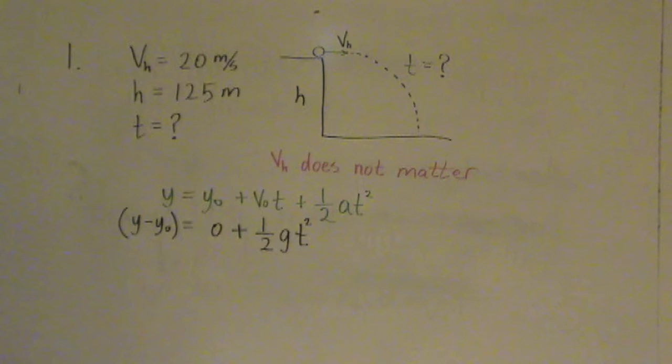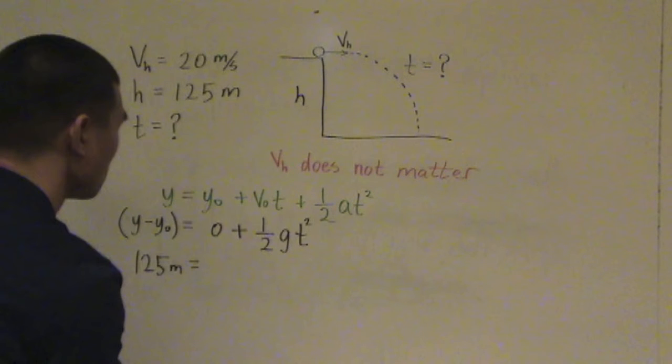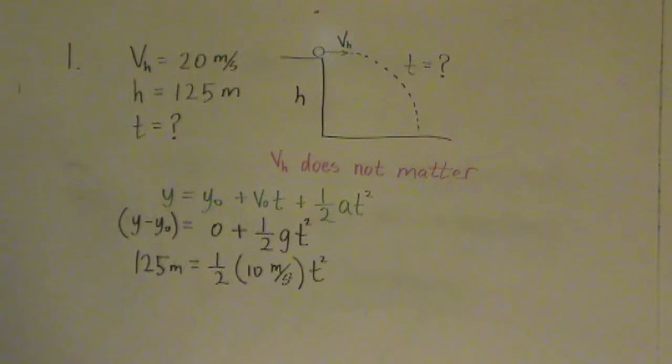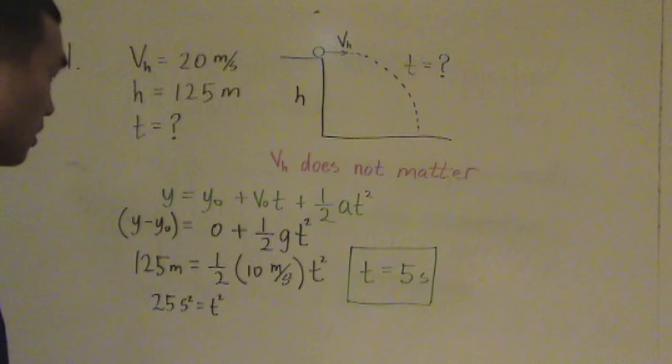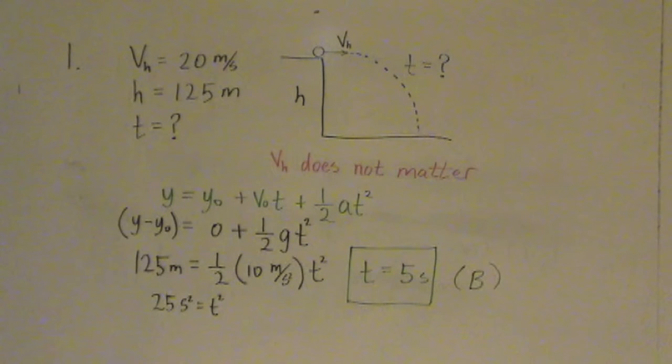So we're left with one half gravitational acceleration times t squared. 125 meters is equal to 1/2 times 10 meters per second squared multiplied by t squared. We just use the math here to find that t is 5 seconds, and that gives us the answer of B.